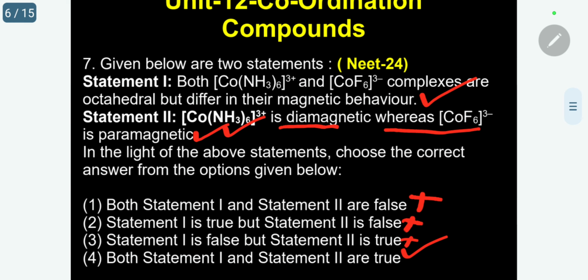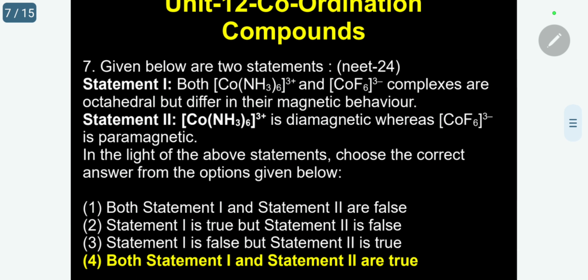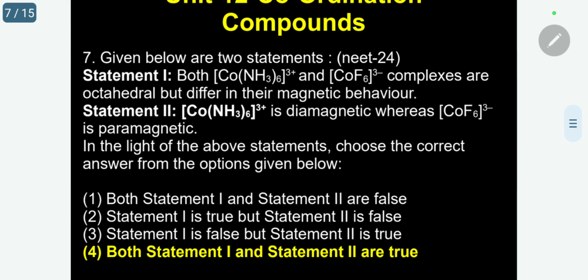The interesting information here is that answer 4 is the correct one. Let me explain how 4 is correct. Kindly follow me. Let me explain the reason now.